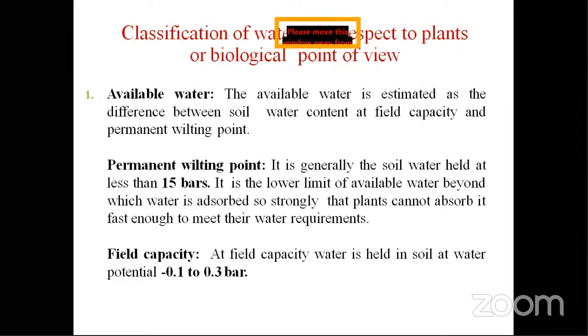Available water in the sense it is available for plant growth, and permanent wilting point, we already discussed, is the lower limit of available water beyond which it is absorbed so strongly that plants cannot extract it. At field capacity, water is held in the range of 0.1 to 0.3 bars. And unavailable water is hygroscopic water plus gravitational water plus a certain amount of capillary water. It is not available to the plant and is of no use. That's why it is called unavailable water.